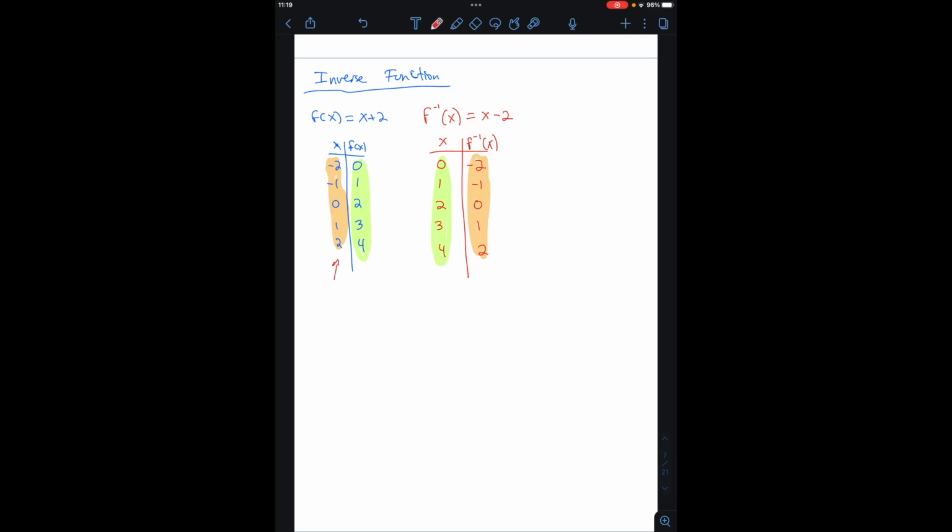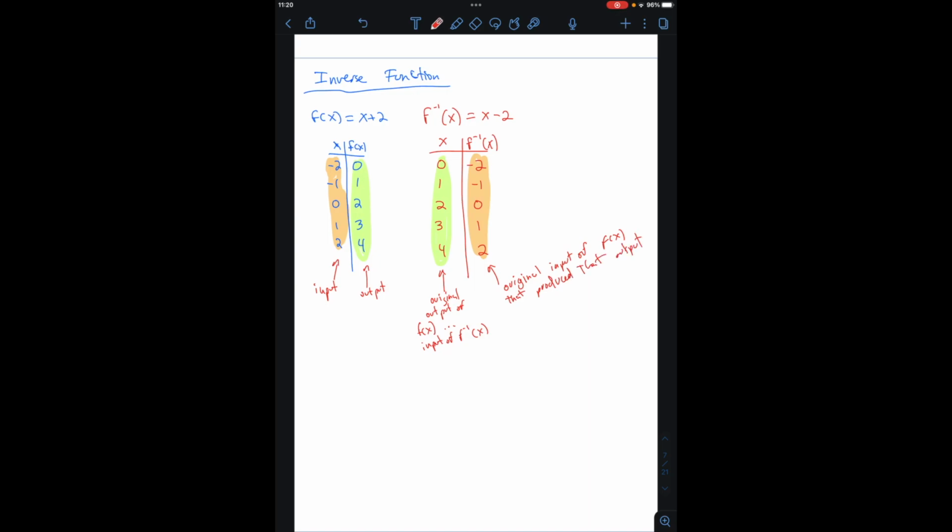So we have input and we have output, and this takes your original output of f of x, and it ends up being the input of f inverse x, and it tells us the original input of f of x that produced that output.